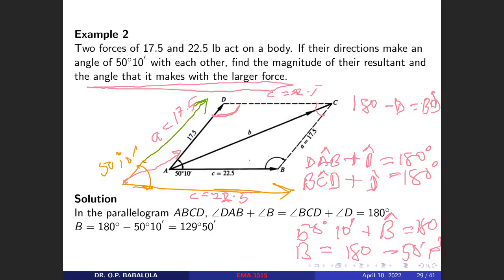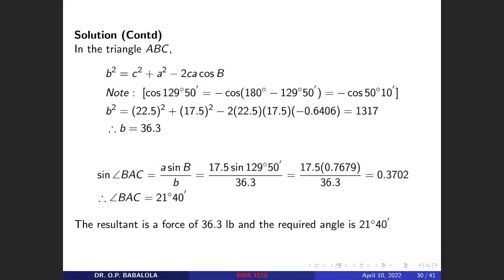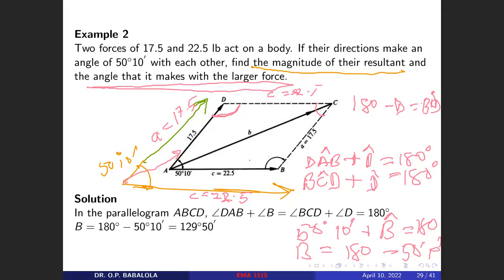One, find the magnitude of their resultant, and two, the angle. So we've obtained the angle. You may want to use another approach, it's fine if you can. So we want to find the resultant force, the magnitude of their resultant.